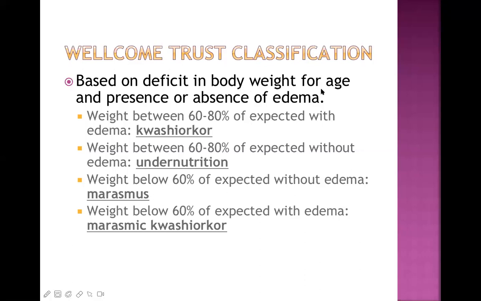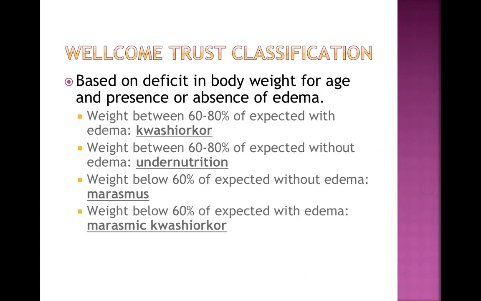Now similarly, just like what I taught you just now, you calculate the weight for age. For example, take a 2-year-old child. The child was 8 kg, and according to the percentile chart, the standard weight for that age is almost 13 kg.